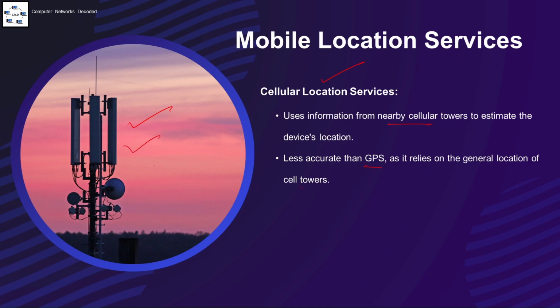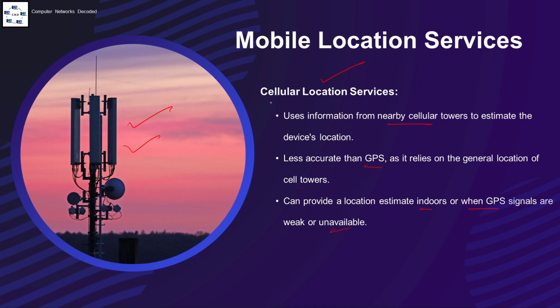If you are 200 meters away from this tower, it means your location will have an accuracy range of 200 meters, and it can provide a location estimate indoors or when GPS signals are weak or unavailable.